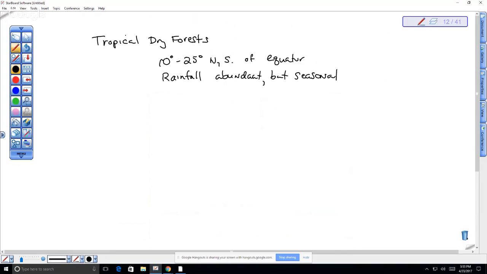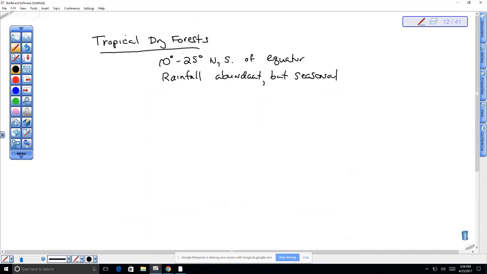So what happens is that during the dry season, sometimes the trees will lose their leaves, or the leaves will actually fold up. And then when the rains come back, the leaves will unfold. And so there's a little bit of difference between tropical rainforests and tropical dry forests.